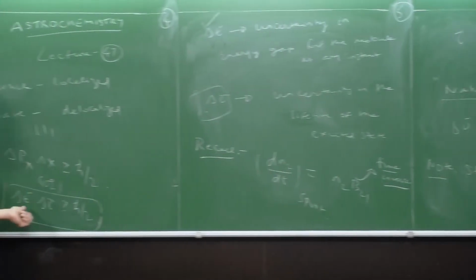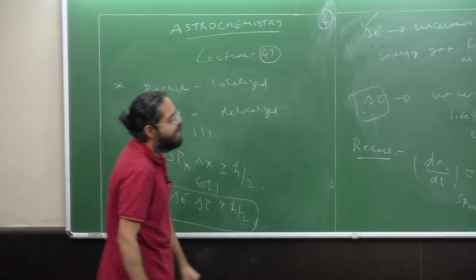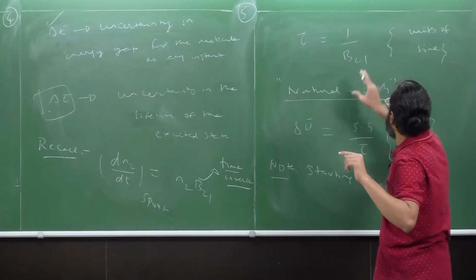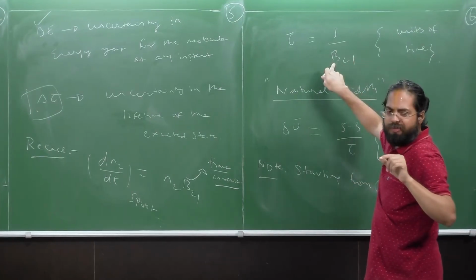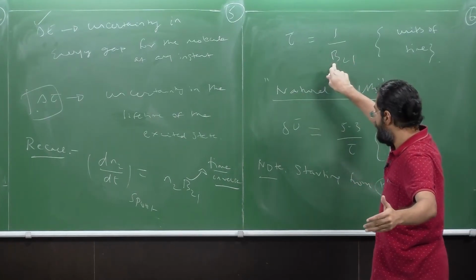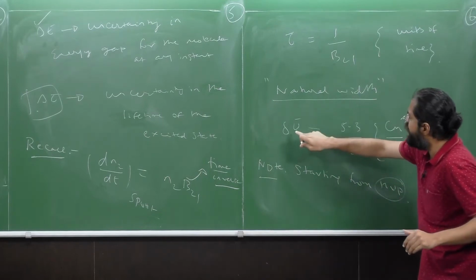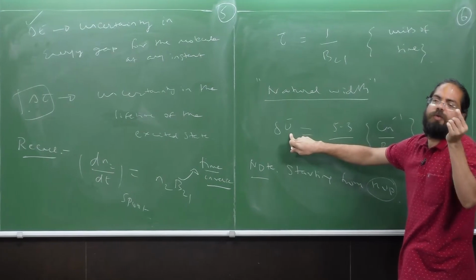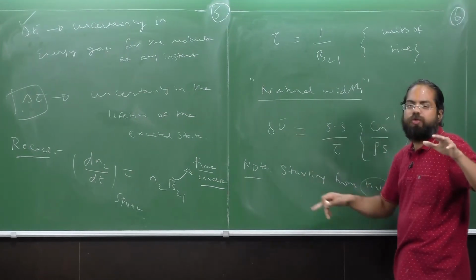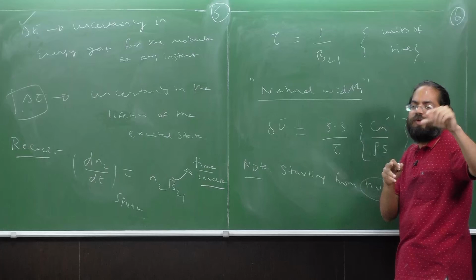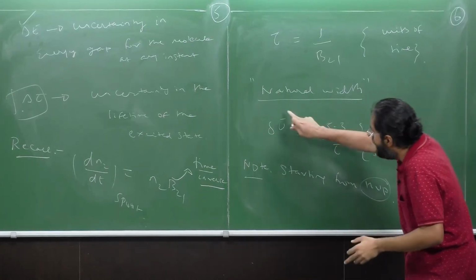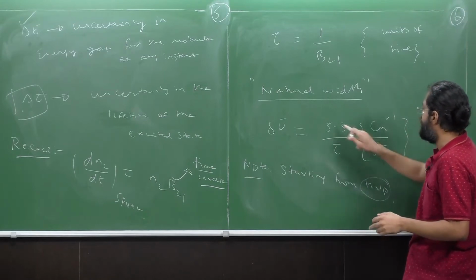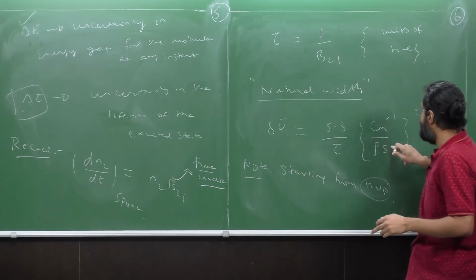You start with this expression, and based on this, noting that your tau is nothing but the reciprocal of your Einstein's spontaneous emission coefficient, then you get the spread in the wave number. Of course, one can also get the spread in the frequency, wavelengths, etc. But this is a convenient representation, getting it in terms of wave number. This is given by this formula, 5.3 by tau centimeter inverse per picosecond.